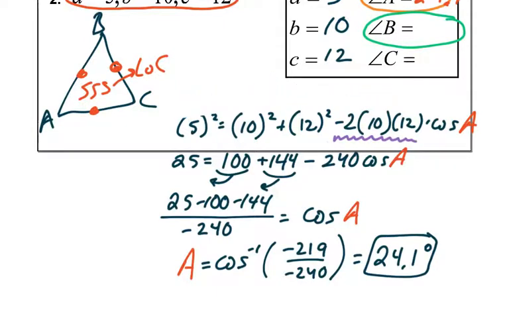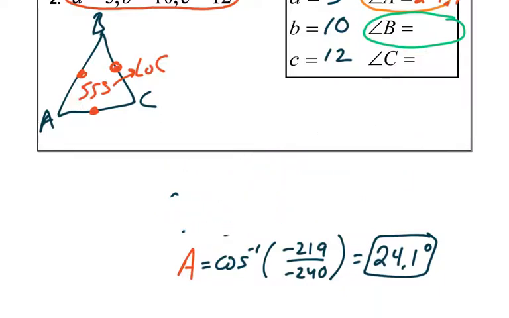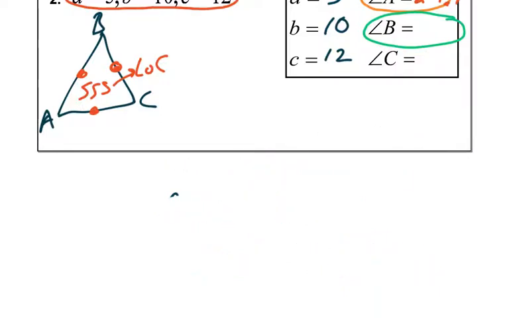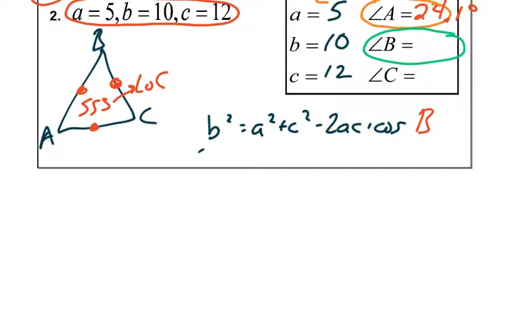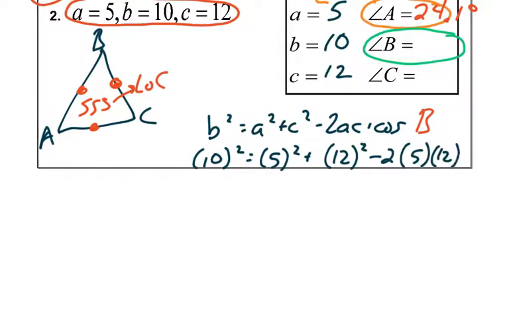All right, maybe make some room here. I'm going to start with angle B. So I'll start with the one that starts with B squared. And after we plug things in, we get... sometimes by mistake I actually square these terms again, which we shouldn't do.